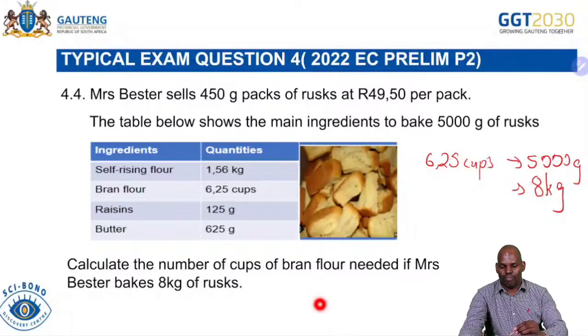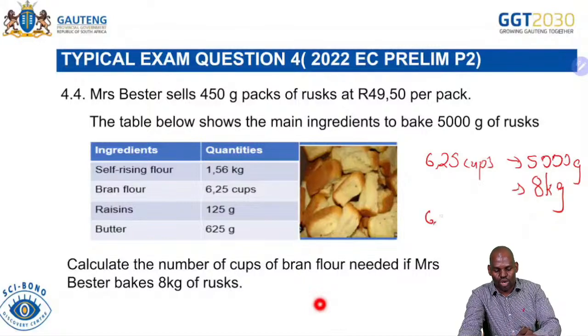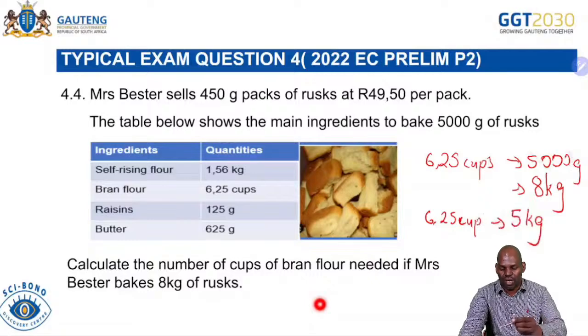Now we need to be careful, boys and girls, because you can see that 6.25 cups is for 5,000 grams, but we're looking for 8 kilograms. So 6.25 cups is enough for 5,000 grams, but 5,000 grams is the same as 5 kilograms, so that the units must be the same. How do we convert from grams to kilograms? We divide by 1,000.